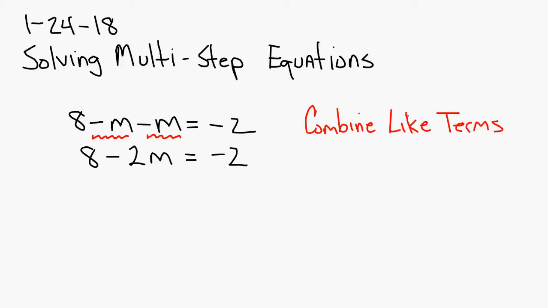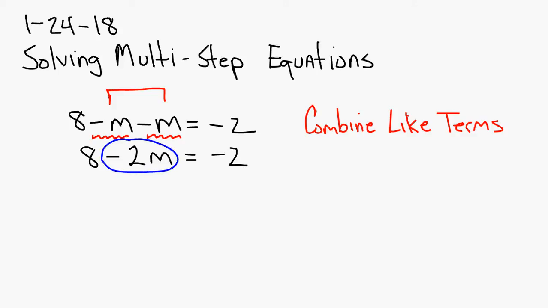So you combined a negative m and a negative m. There's a 1 in front of those m's, but it's not written. It's implied. So negative m minus m is negative 2m. The next step will be to isolate the variable, which is this negative 2m.